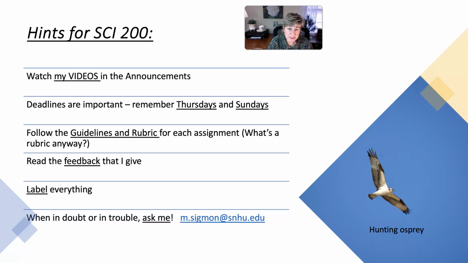What's your name? What's the date? What's my name? What is this assignment? Assignment 1-4, right? So label everything. Very important. You're going to get mixed up. I'm going to get mixed up if I can't tell what this thing is that I'm looking at, okay?